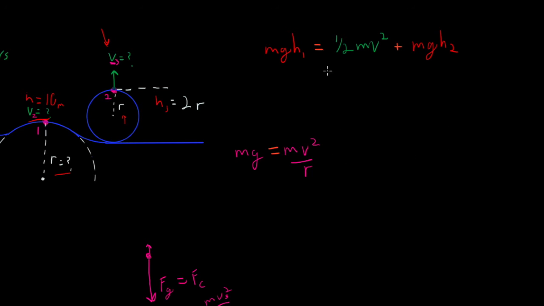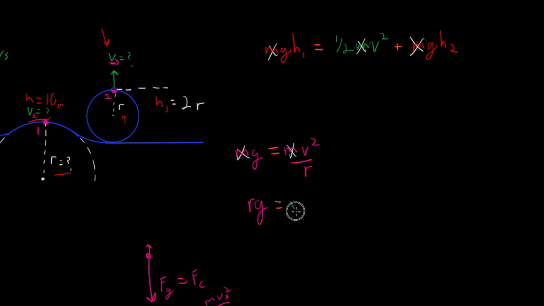Okay, let's go ahead and eliminate all of our masses right away because they all cancel out. They all divide out of each term. And then, since we have an unknown velocity and an unknown height, let's do some substitution. Let's set up our centripetal force equation so that we can substitute it in.